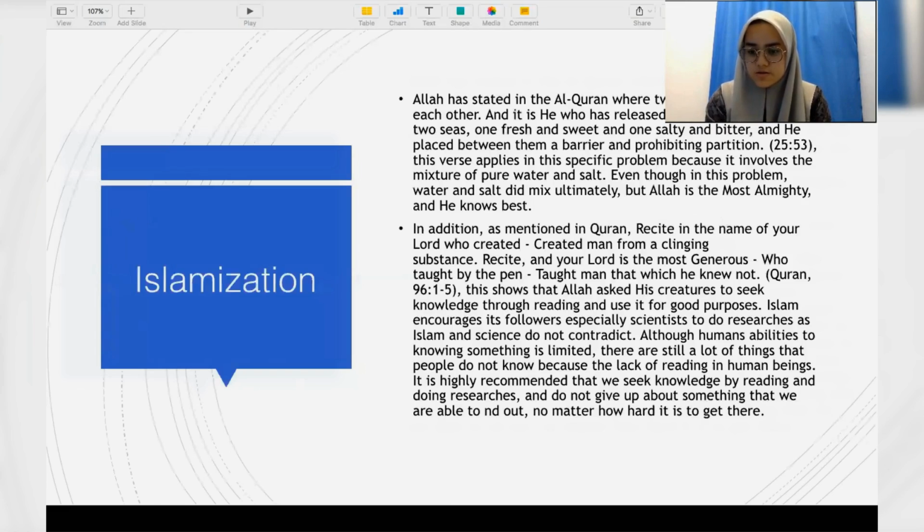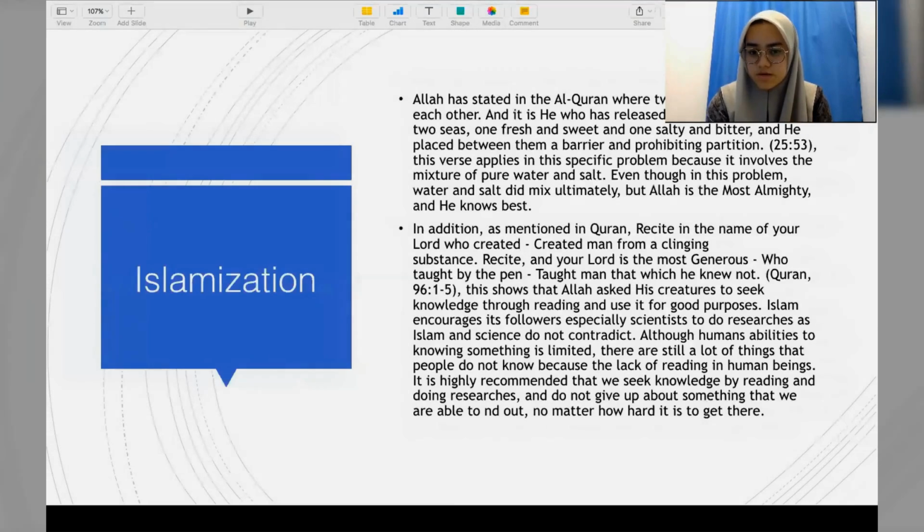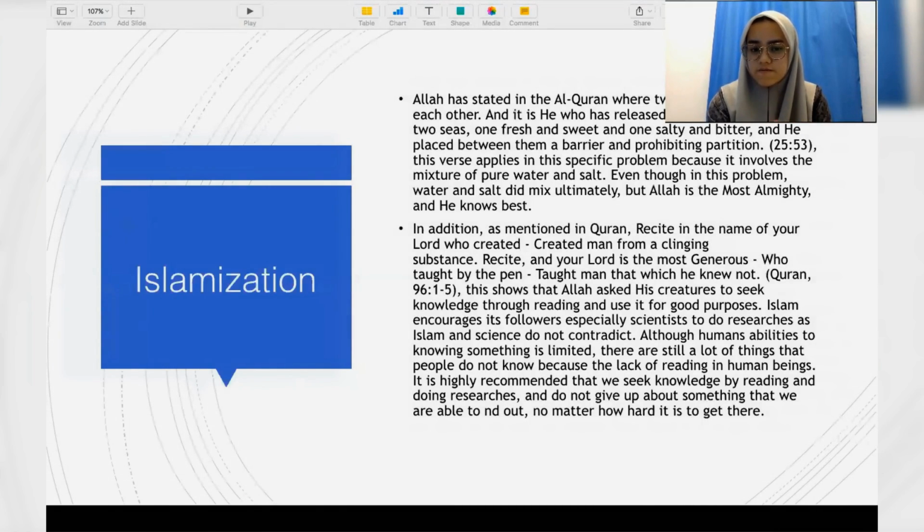This we can find in surah 21 verse 53. This applies in this specific problem because it involves the mixture of pure water and salt. Even though in this problem, water and salt did mix ultimately, Allah is the most almighty and He knows best.